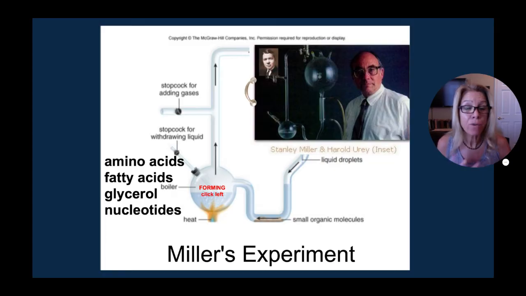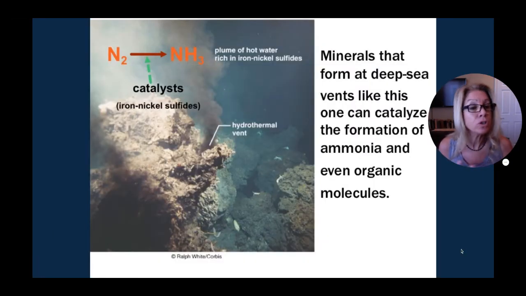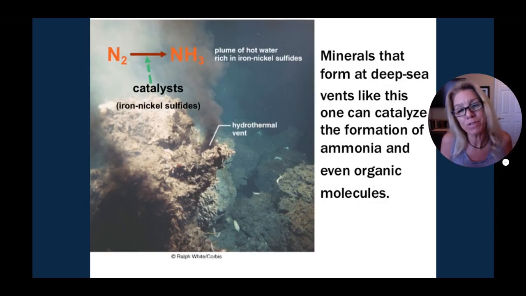So now we have organic molecules. Another hypothesis, but also in conjunction with what we just talked about, is these deep sea hydrothermal vents. Remember, we don't have any organic enzymes to facilitate these reactions, but the iron nickel sulfides found in these hydrothermal vents could help contribute either all the organic molecules, or specifically a source of ammonia for nucleic acids and amino acids.